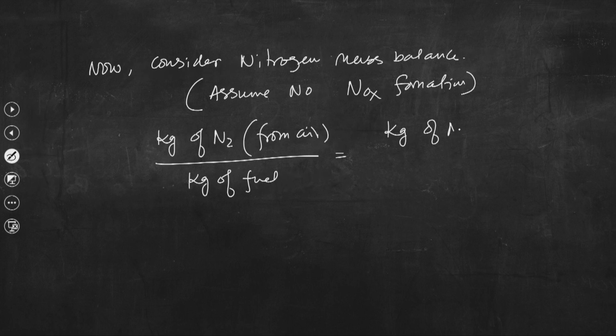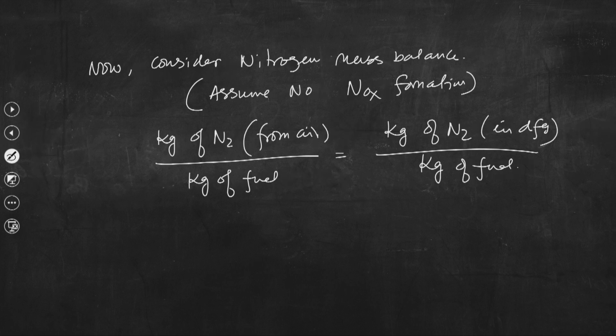So, kg of N2 in DFG divided by kg of fuel, that we can write. So, what can we write now?